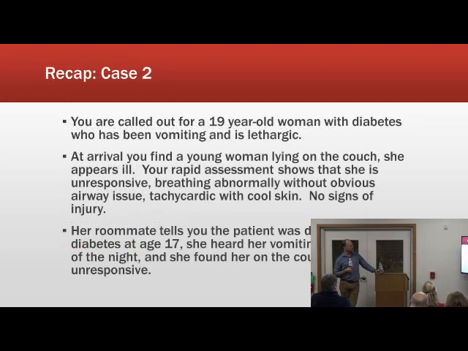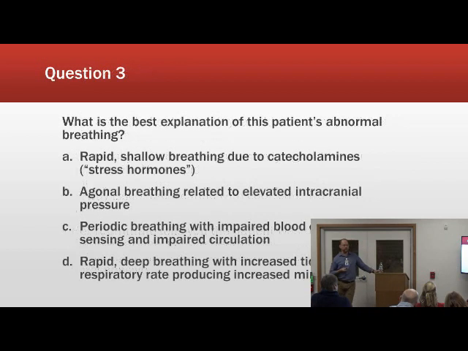Here's a 19-year-old with diabetes, vomiting, lethargic, she's ill, she's unresponsive. She's had diabetes since she was 17. She's been vomiting all night, dehydrated, probably the cause of her DKA. So why is she breathing like that?